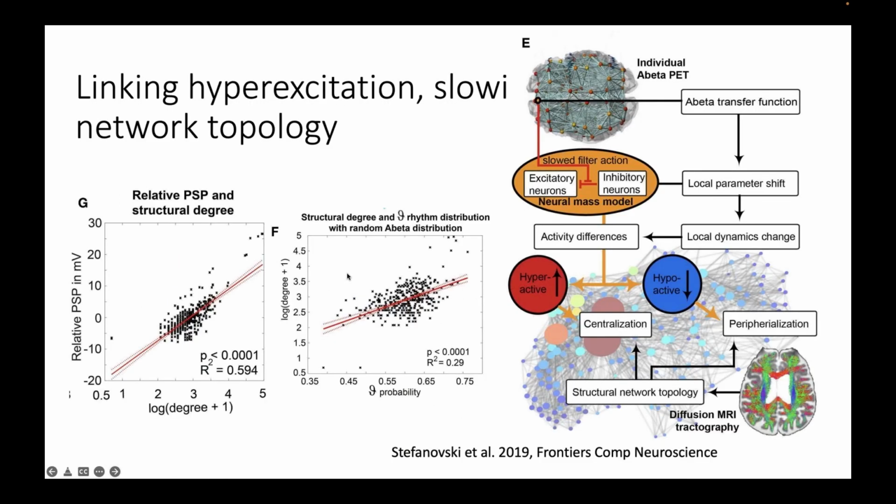And this is very interesting, because we were able to see that two phenomena that we wanted to link, which is hyperexcitation and slowing, are not produced in the hubs of the network, because they can be produced even in the periphery and even in the random distribution, but the effects then hit the central parts of the network.